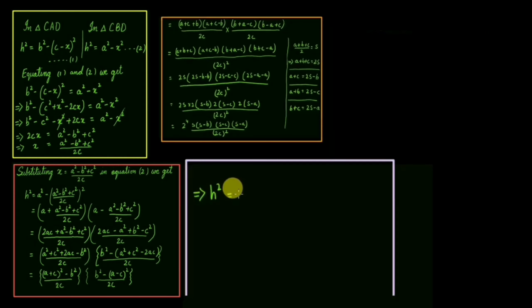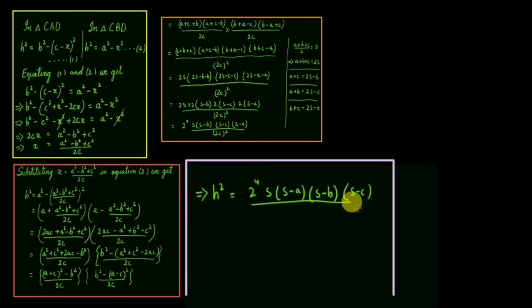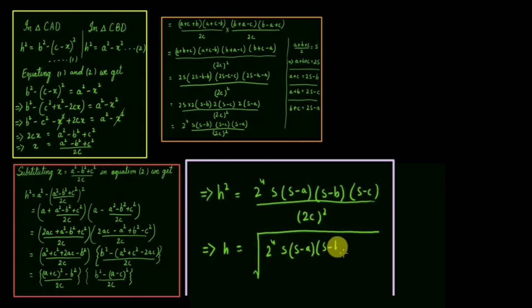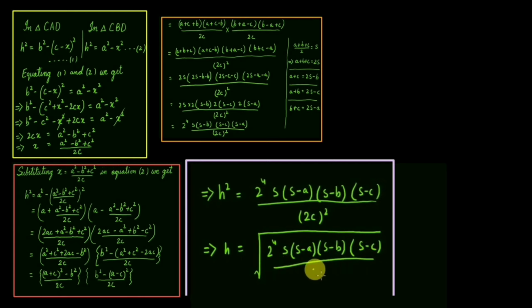So on further solving it, we get h square is equal to 2 to the power 4 times s times (s minus a) times (s minus b) times (s minus c) by (2c) whole square. So we get h is equal to root over this whole thing, that is 2 to the power 4 times s into (s minus b) into (s minus a) into (s minus c) by (2c) whole square.